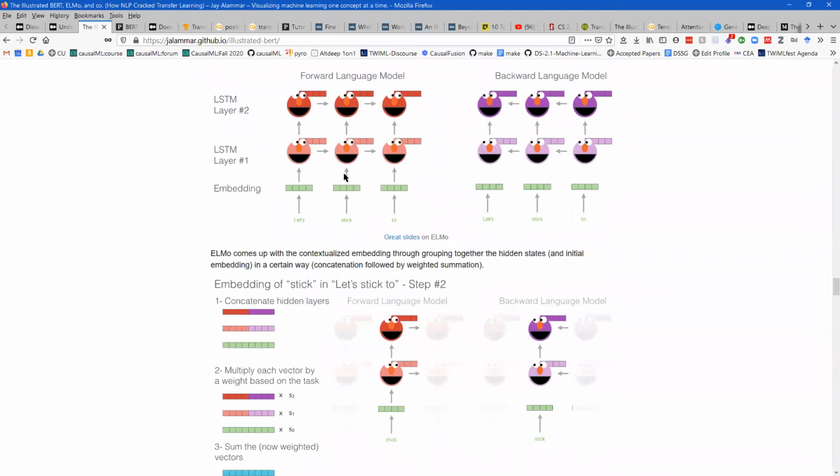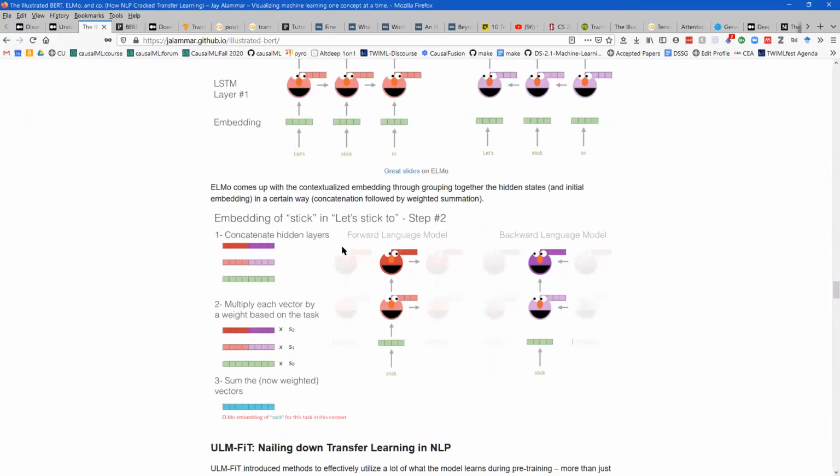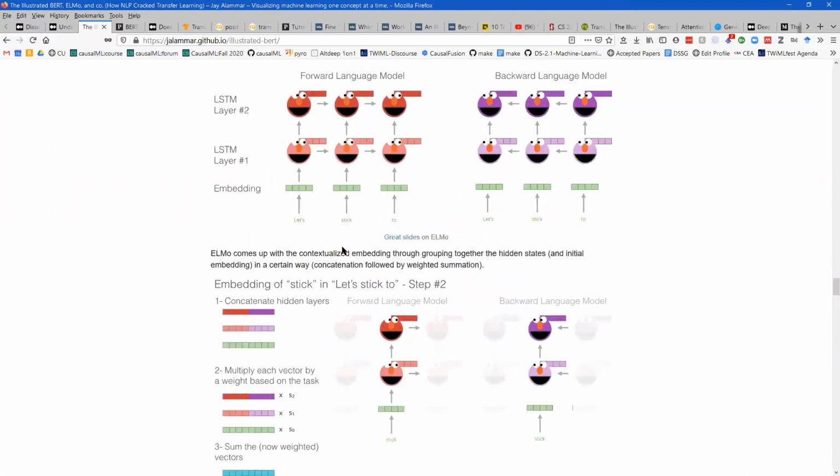And then the hidden states from LSTM number 1, the first layer, are combined with the hidden states from the backward model LSTM layer 1, and that's this light red and light purple. The original sentence is in green.